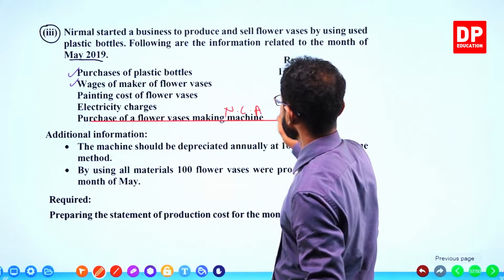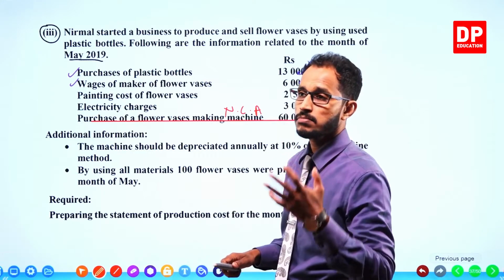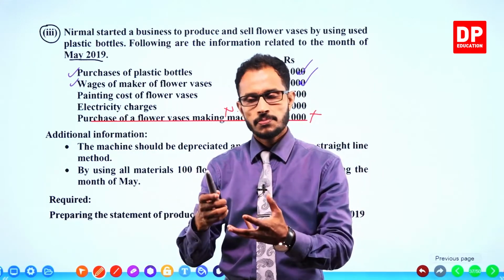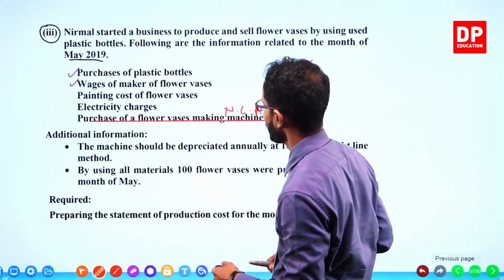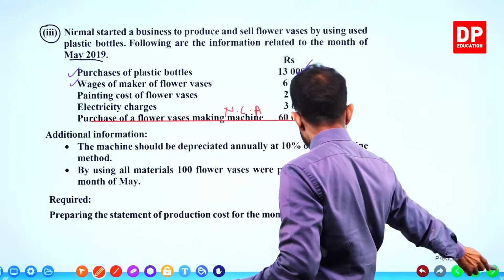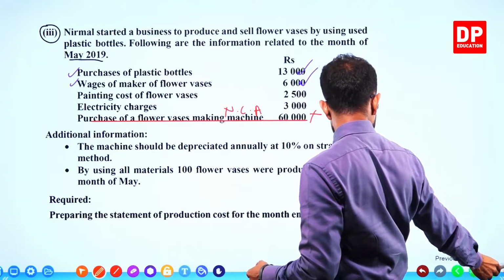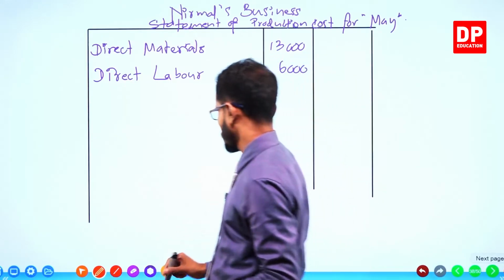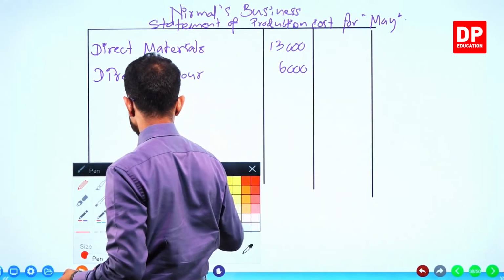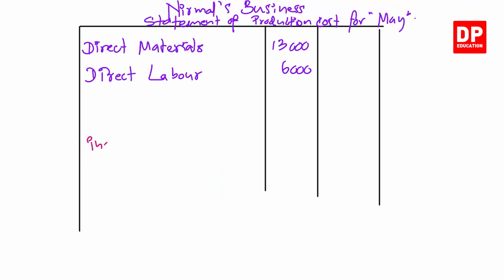Painting cost of flower vases 2,500. That is a material too which is used in the production, but not the direct material, so that goes as indirect materials. Indirect materials, paint 2,500.